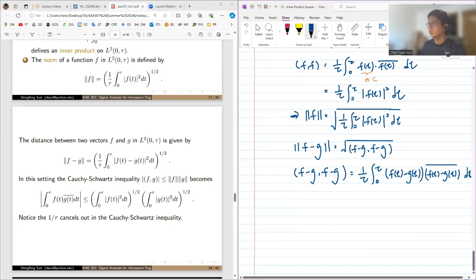Again, f(t) minus g(t) is a complex number, so when you multiply a complex number by its complex conjugate, you get the square of the absolute value of that complex number.